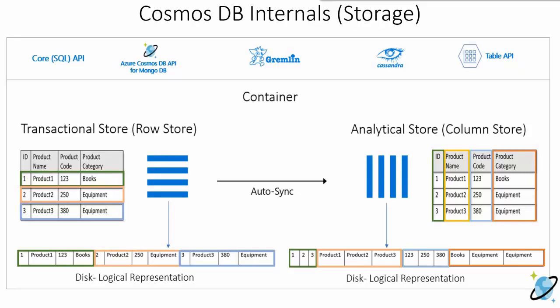So the next option we have, which is optional really, that you can enable if you like, is the analytical storage. What's going to happen in this case is Cosmos DB is going to move your data from the row store to the column store, which is the analytical storage, automatically. If you are like me, because I do a lot of ETL jobs too, and I'm responsible for some of them, which can be a pain.